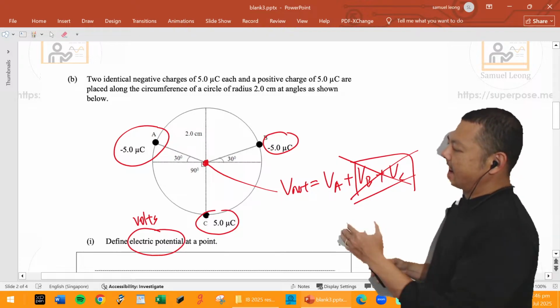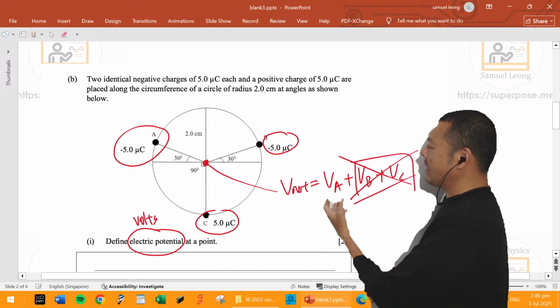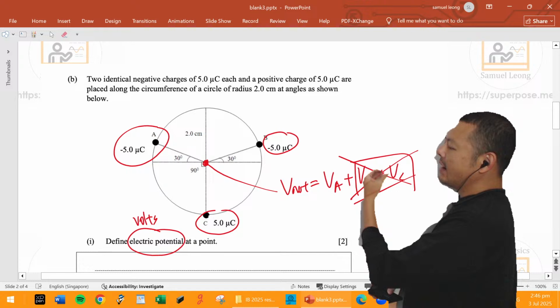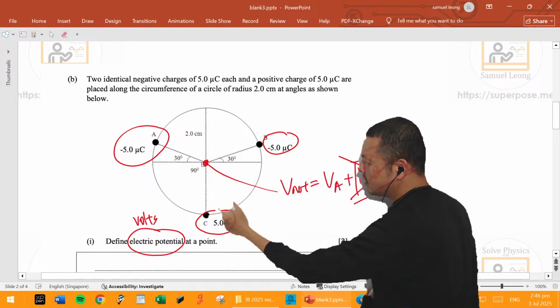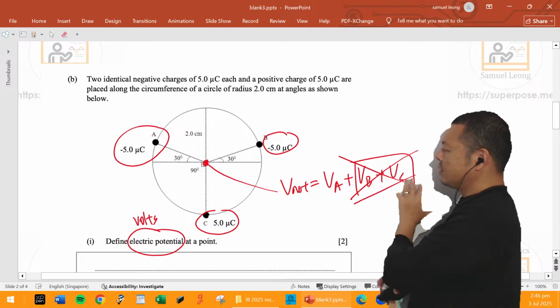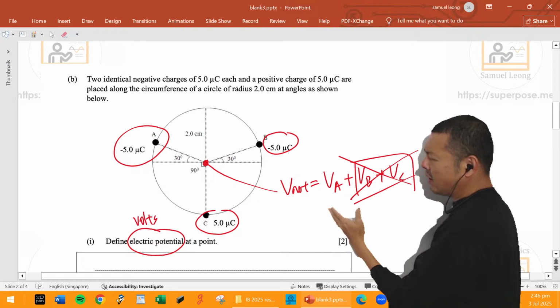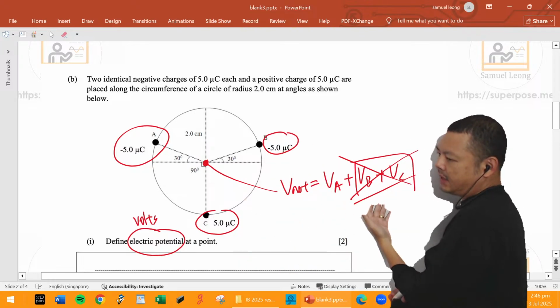So it's not that V net is only due to A. It's more like mathematically when I add A to B to C, B and C have opposite voltage, the same amount, and they are the same distance. So you're only left with VA. Sometimes the math scheme shows you VA, then you're like, why do I ignore B and C? It's not that you ignore B and C, they cancel each other.